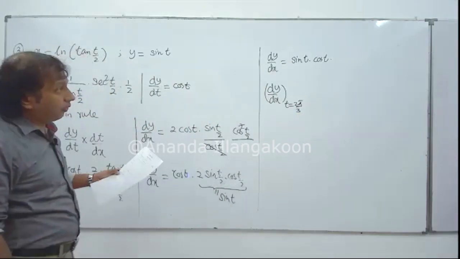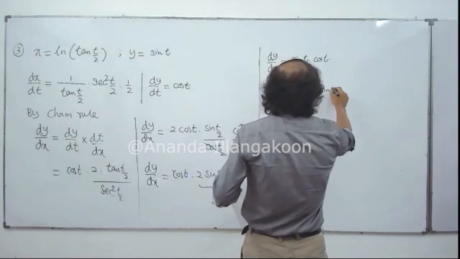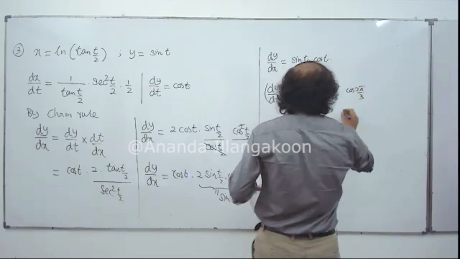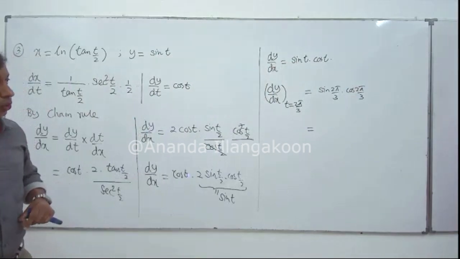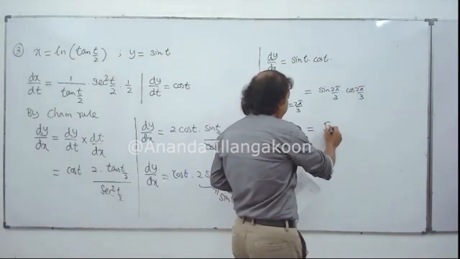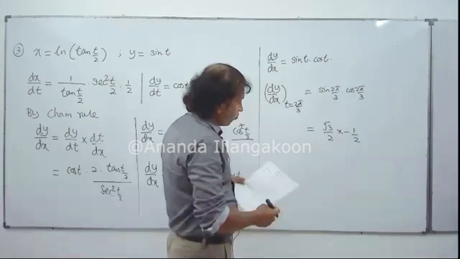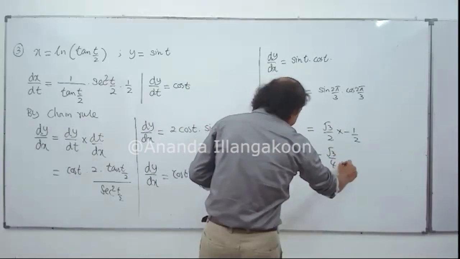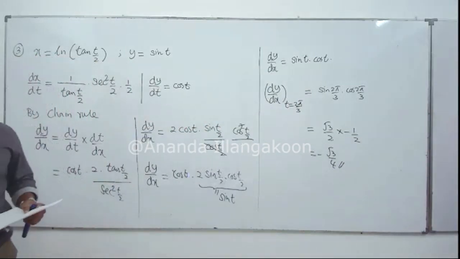Then substitute into the right hand side: sine 2 pi by 3 is what? Sine 120 is root 3 by 2, no? Cos 120 is minus half, no? So the answer is minus root 3 by 4. Right, no?